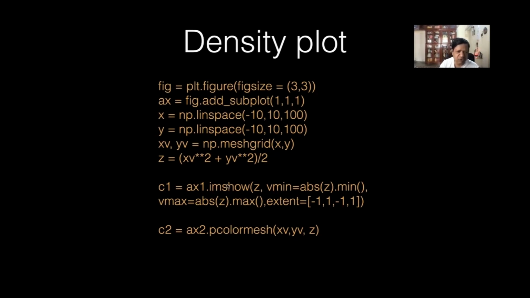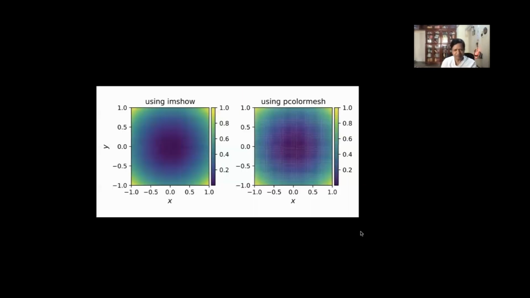There are two ways to do a density plot, either by imshow or pcolormesh. They are slightly different, with different output and different algorithms, but both of them give you a density plot. So these are coming from these two functions. Here, this is called the color bar. So 0 is the lowest. Remember, z equal to (x squared plus y squared) by 2.